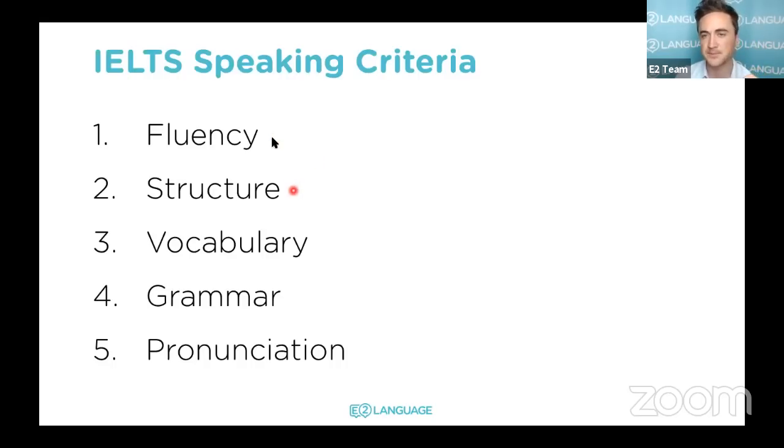Structure. They listen for the way that you structure your talk, especially with part 2, when you need to tell that great story. So your story should follow those dot points, and you should structure your talk as such. Vocabulary, they want to hear sophisticated vocabulary that expresses the things you're thinking about. Okay, not basic vocabulary.